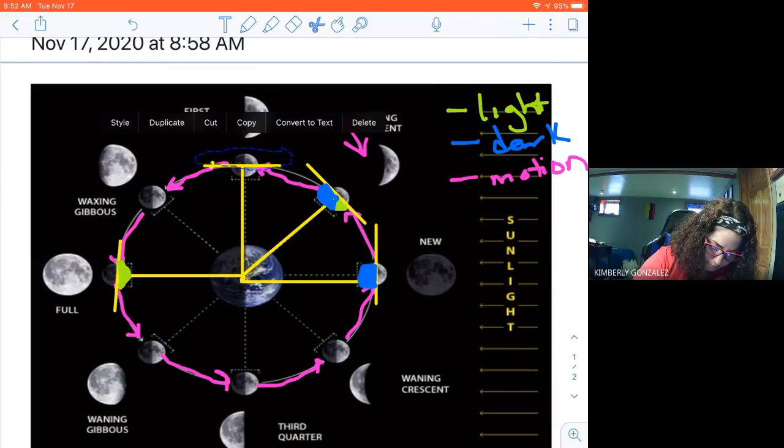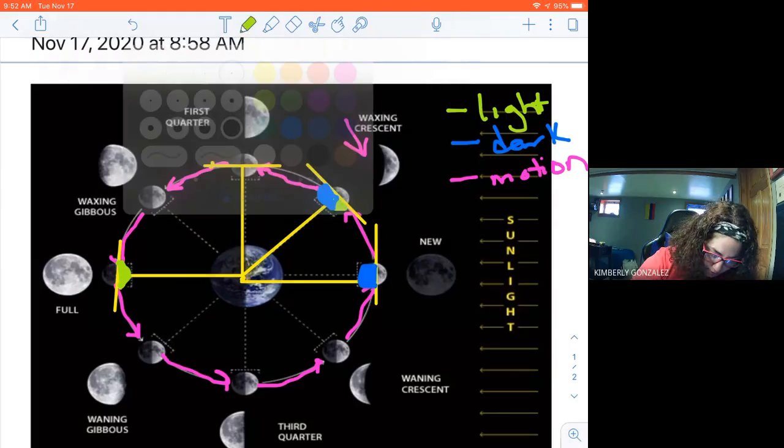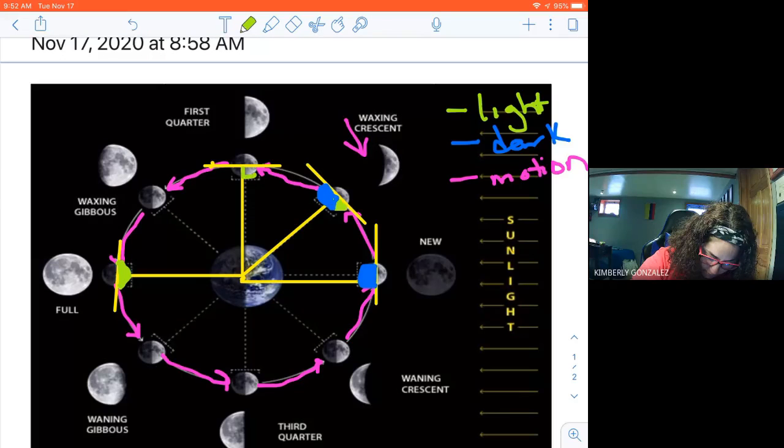Right? Who knew in Earth Science today you were going to be coloring? Well, I did because I planned it, but. All right, so here's half and half.